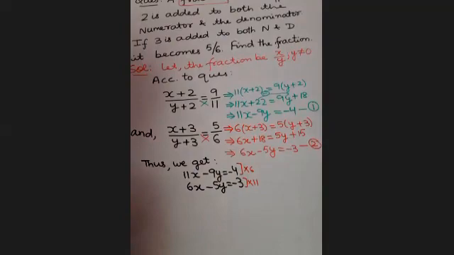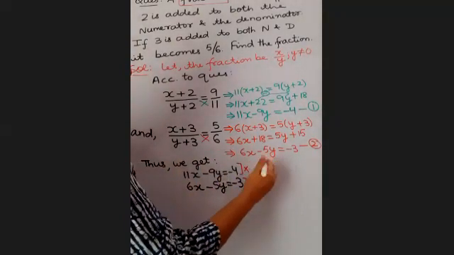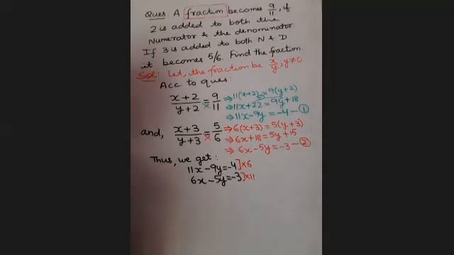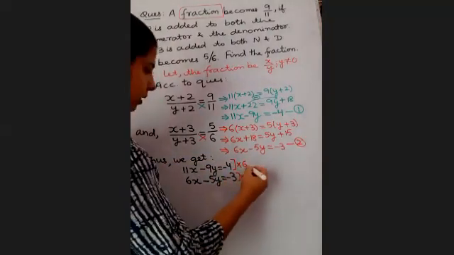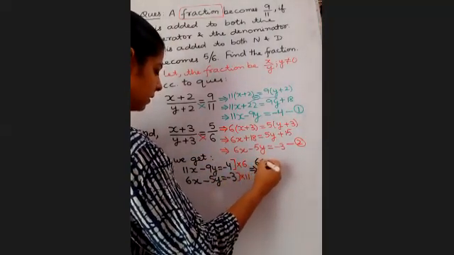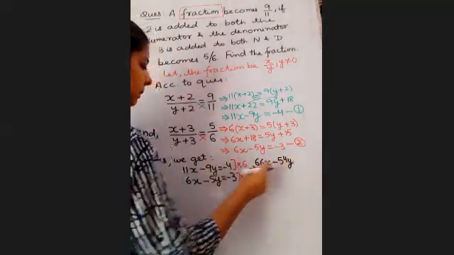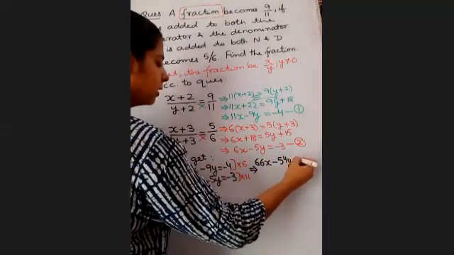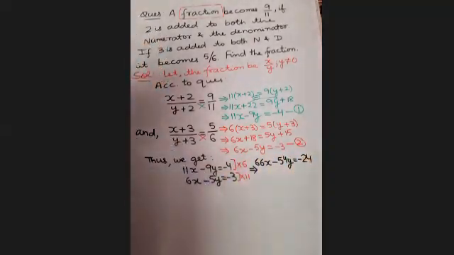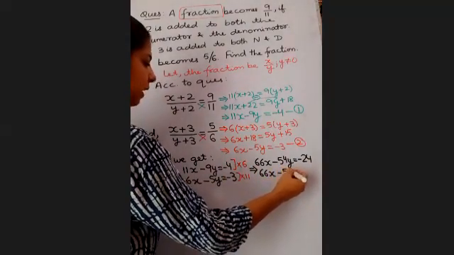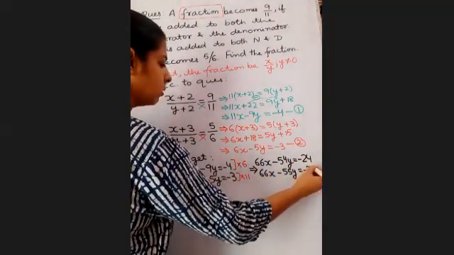What does this give us? If we multiply this by 6 and this by 11, let us see what do we get. I'm short of space, so I'm adjusting here only. Okay, so this gives me 66x, 9 6s are 54y, 6 4s are 24 is equal to minus 24. 11 into 6, 66x minus 55y equal to minus 33, beta.